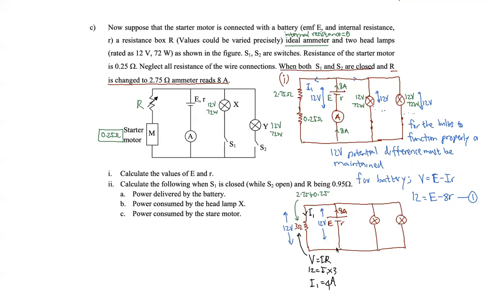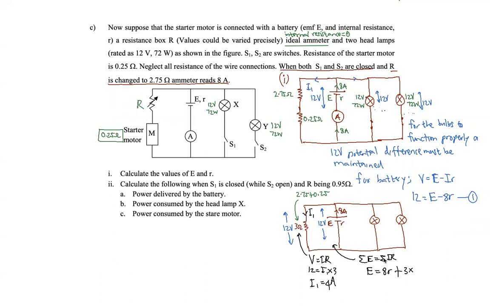And now for this circuit, let's try to apply Kirchhoff's law, that is sigma E equals sigma IR, and let's see if we are getting another equation. Sigma E is E, only one battery is there. For sigma IR, the current is 8 going through the internal resistance, so that is 8R, plus here the current is I1 going through 3 ohm.